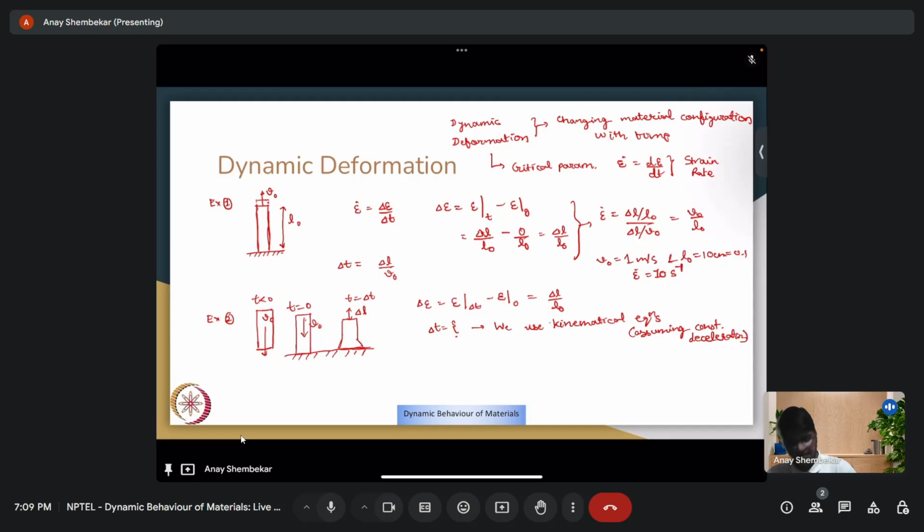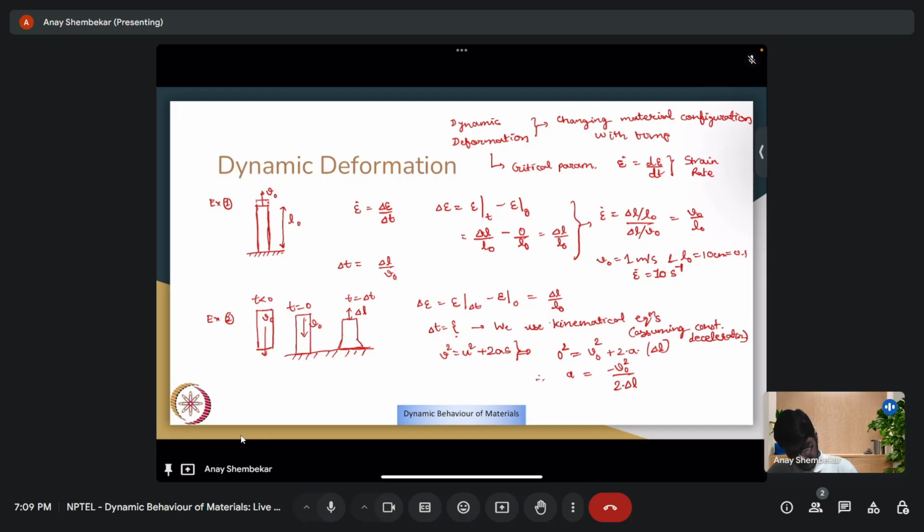There is the equation final velocity square is initial velocity square plus 2as, which gives 0 square, since the final velocity is 0, equals v naught square plus 2 times acceleration times delta L, which gives acceleration a equal to minus v naught square by 2 delta L.